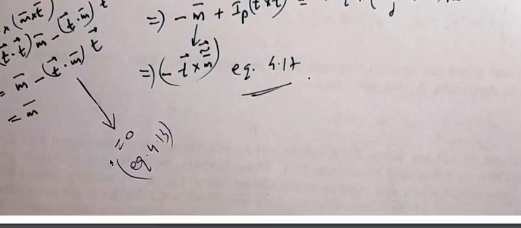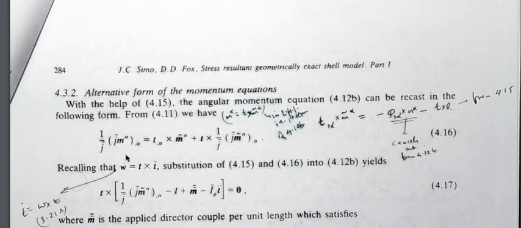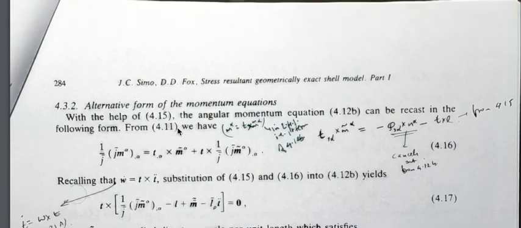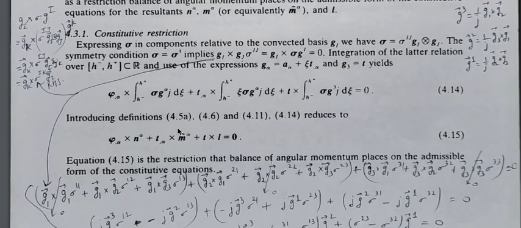So first we take this term and write its derivative, and we get t_,alpha cross m tilde^alpha plus t cross m tilde^alpha_,alpha. This is just the product rule written over here, and now this term we can see is directly appearing in the angular momentum equation.